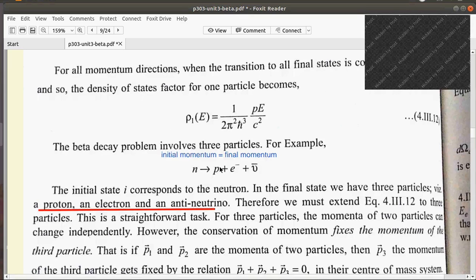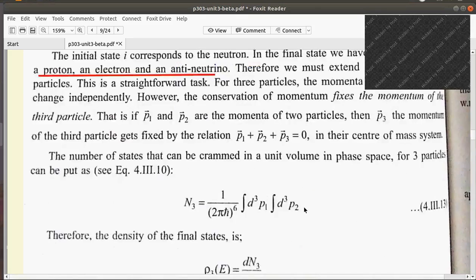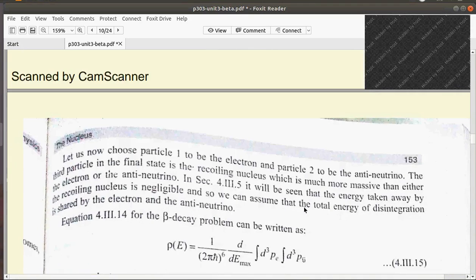The third particle, the proton, is inside the nucleus, so the third particle can be the nucleus, whose momentum can be easily known once we know the information about the electron and the antineutrino. That is why it is considered that the third particle in the final state is the recoiling nucleus, which is much more massive than either the electron or the antineutrino.